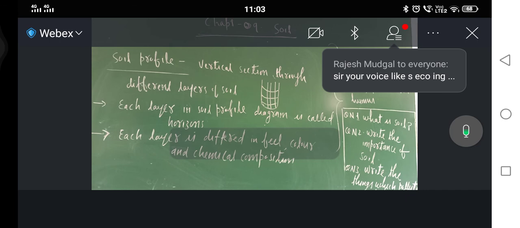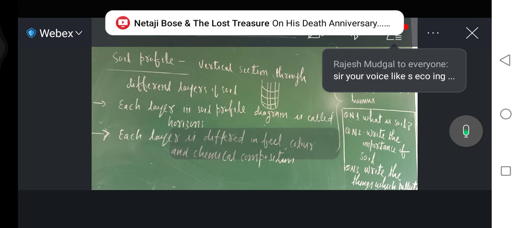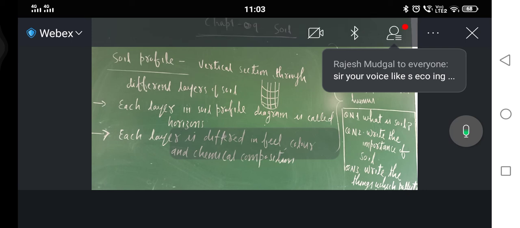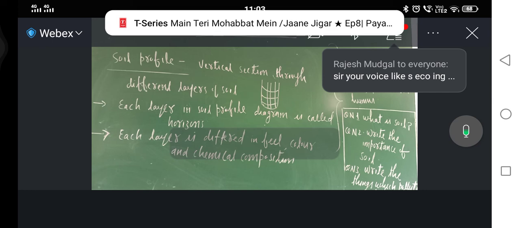All layers would be there, but their vertical section. That diagram I made here. See, try to understand. These are horizontal layers. Now their vertical section, like that. This vertical section is called soil profile.